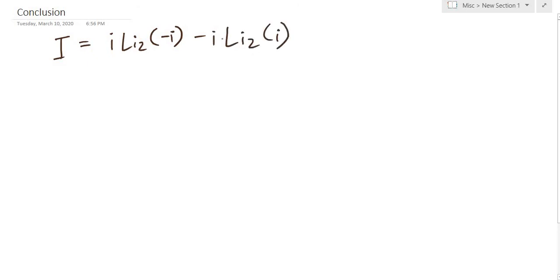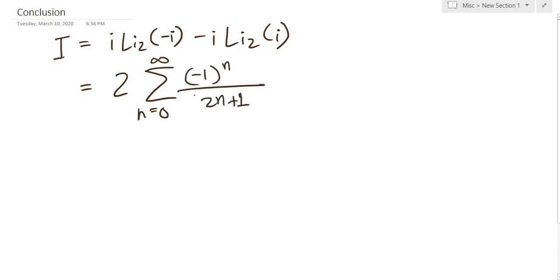Okay, and what was this originally? If you remember, before we introduced our f of x, this was actually equal to 2 times the infinite sum, the sum from n equals 0 to infinity of minus 1 to the n divided by 2n plus 1 entire term squared.